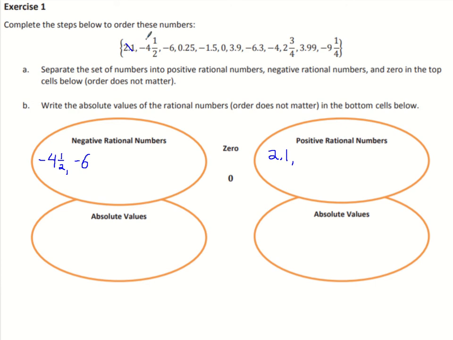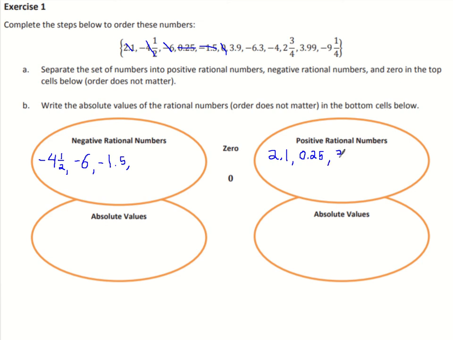Let's cross these out as we go. 0.25, well, I didn't say negative, so it's going to go in here. -1.5, well, it's got that negative sign. It's got to go in here. As I mentioned, they already did 0 for us. Put it right here for us. Now we have 3.9.